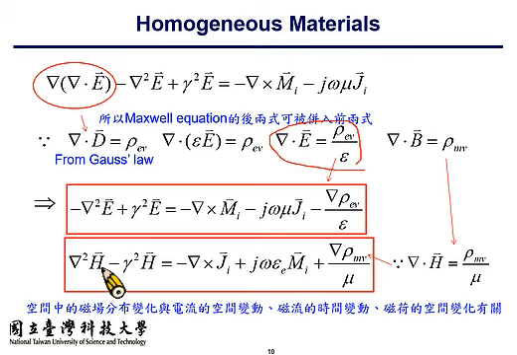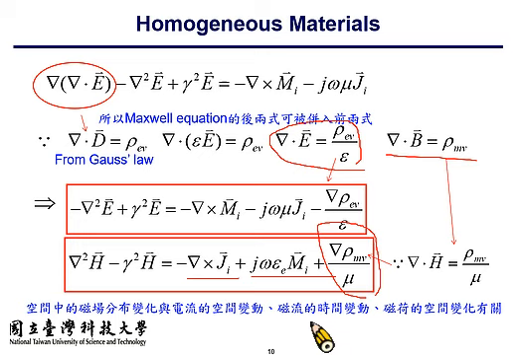So the source for magnetic field includes spatial variation of electrical current, the time variation of magnetic current, and spatial variation of magnetic charge. So here we use the fourth Maxwell equation, that is the divergence of B equals the magnetic charge density at that point.